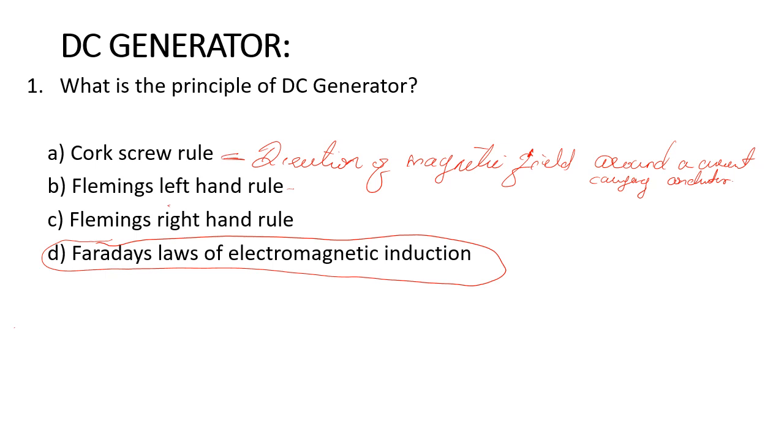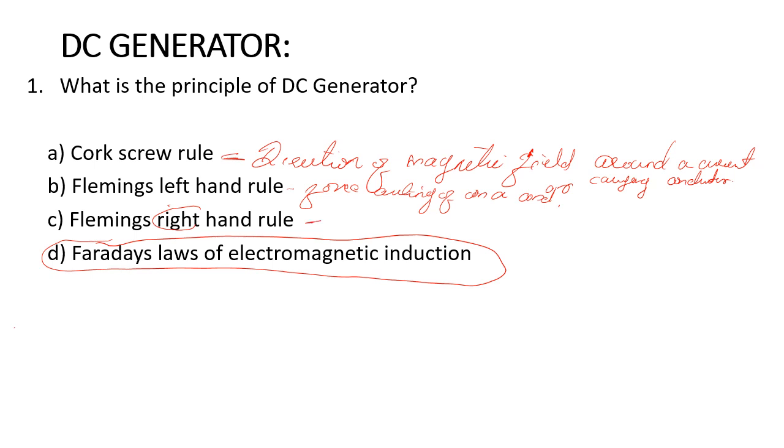It is used to find the direction of force acting on a conductor when it is placed in a magnetic field. And Fleming's right hand rule is related with the generator, to find the direction of current or EMF.